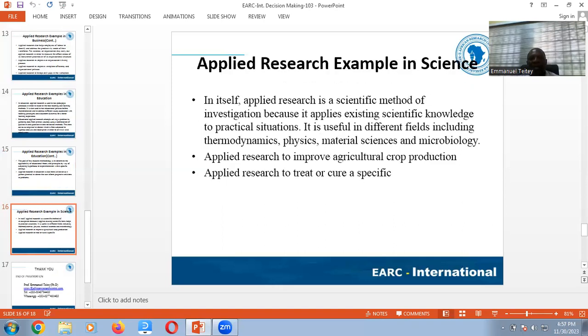Applied research example in science. Applied research in itself is a scientific method of investigation because it applies existing scientific knowledge to practical solutions.